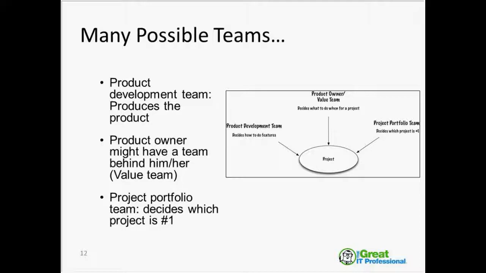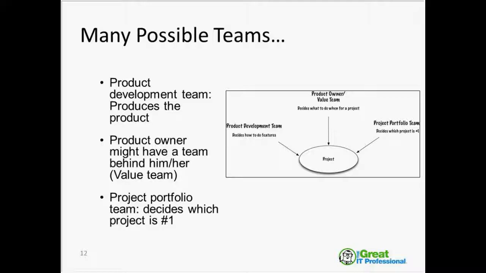So I'm hoping that I have not yet confused you. So there's the product development team, the developers and testers, and whomever else you need to create the product. There's the product owner value team who says, here's what we want in that ranked backlog and when, and the product owner works directly with the product development team to facilitate the team's understanding of the stories and the requirements. And then there's the project portfolio team, which decides which project is number one.